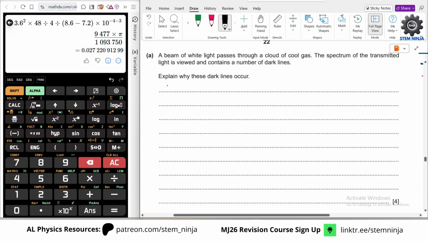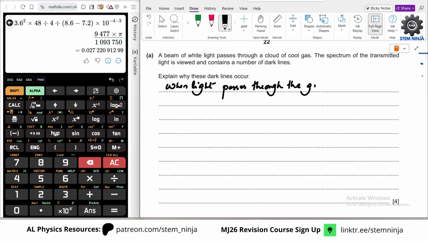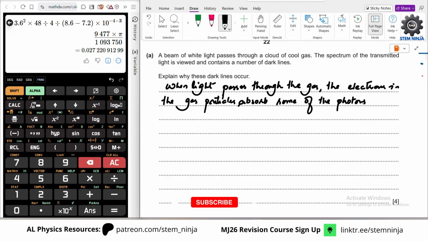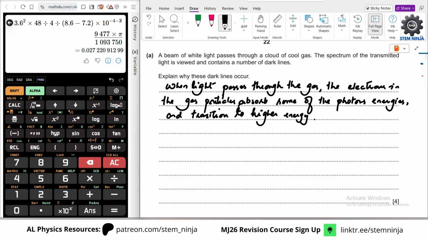So when light passes through the gas, the electrons in the gas absorb some of the wavelengths, some of the photons, energies, and transition to higher energy levels.